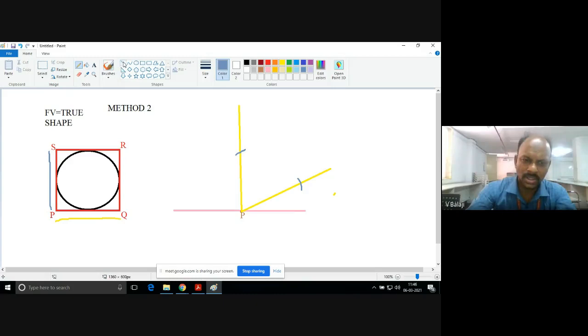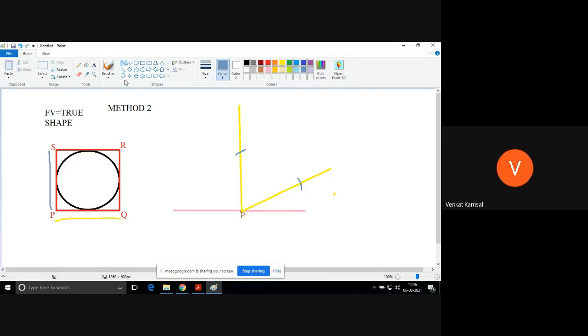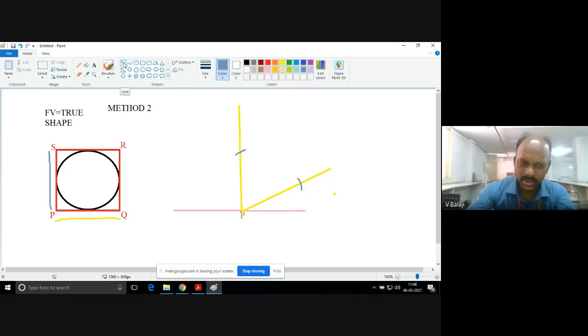Now, what is the next step? Do you remember? We have to align the drafter and draw parallel lines to get the point R. With the help of the mini drafter, draw a line parallel to the 30 degree line already drawn, and another parallel to the vertical line already drawn.